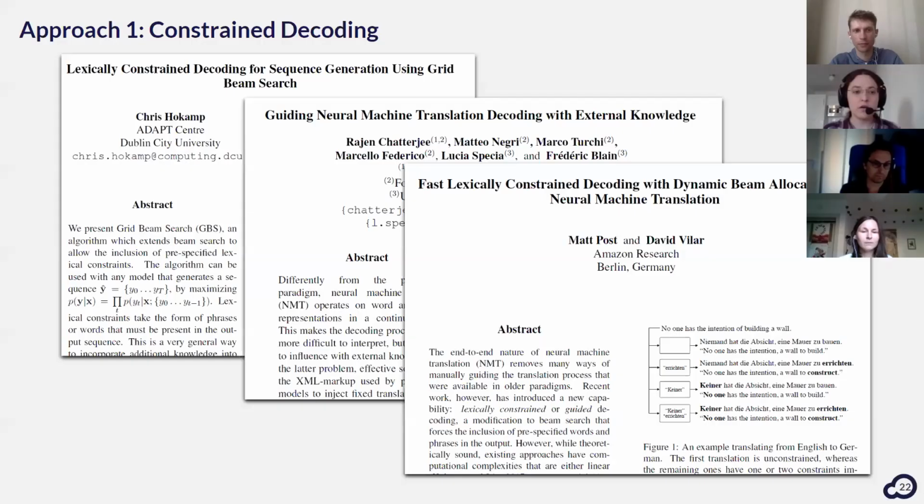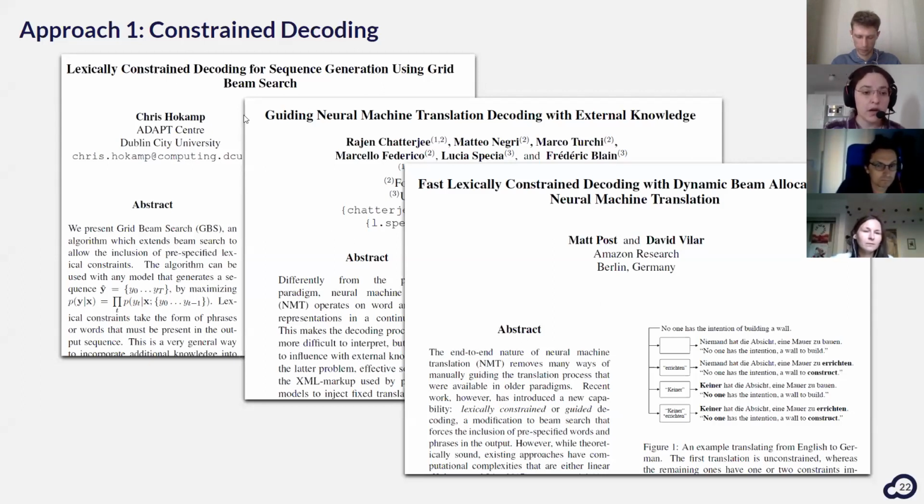There are two approaches that I'll talk about. I want to briefly mention the first one, which is constrained decoding. There are a bunch of papers here, and there are more on this topic as well. This family of approaches augments the decoder in the machine translation system, so that at each time step, the decoder can choose whether to generate a word from its distribution or to insert a constraint instead.